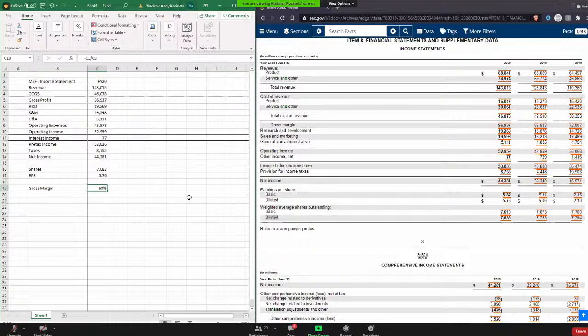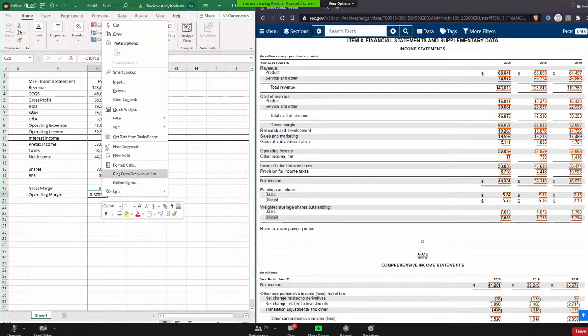That's usually what I see Microsoft having. So after their costs, their gross profit over the revenue is the gross margin. Then we have operating margin, which is operating income over revenue, and that is 37%.